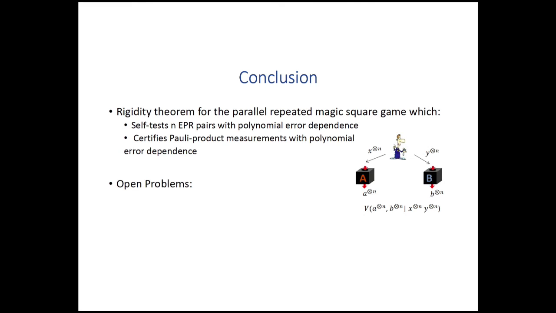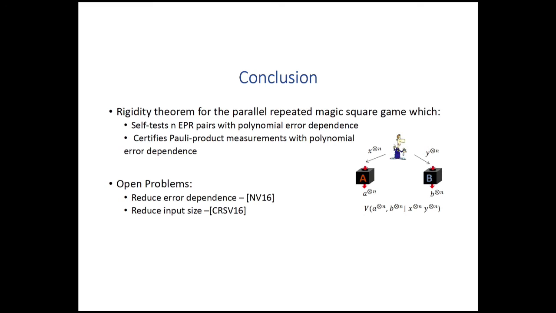I'll list some quick open problems. One problem that was open is to reduce the error dependence, to go from polynomial in n to constant. That's actually done in some setting in the paper that Anand presented earlier. Another problem is to reduce the input size. Here there are exponentially many inputs, and you could want polynomially many inputs.